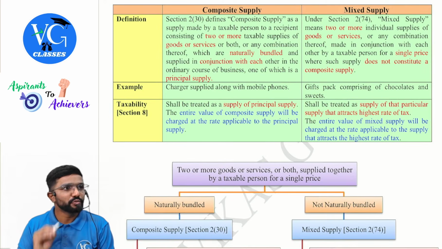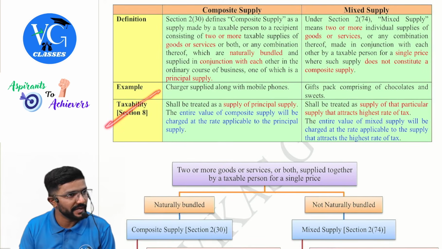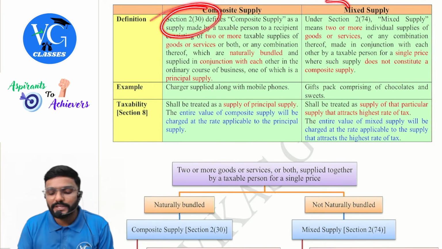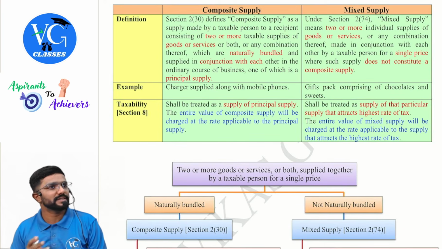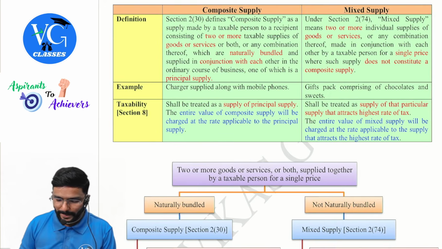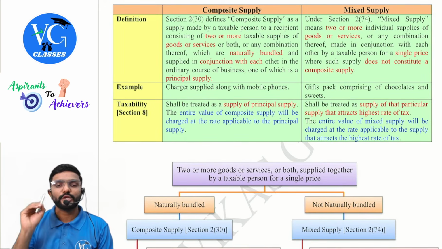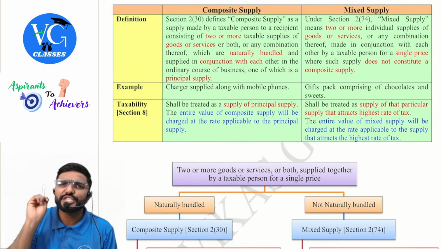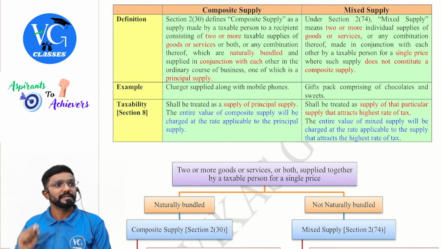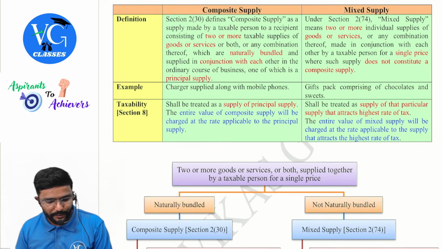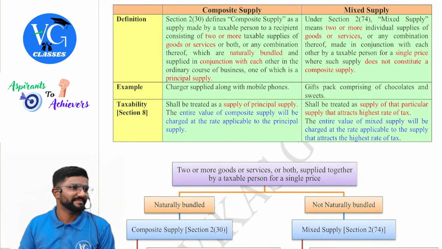What rate is applicable is given in section 8, but what is composite and what is mixed is given in section 2 clause 30 and 74. The entire value of the mixed supply will be charged at the rate applicable to the supply that attracts the highest rate of tax. Now coming to the shortcut.